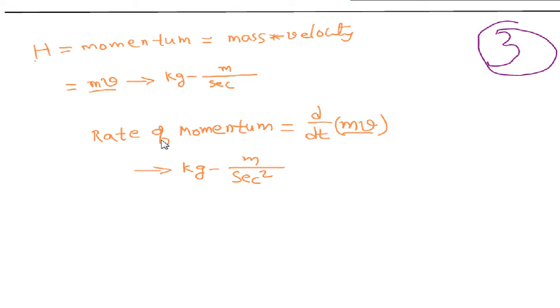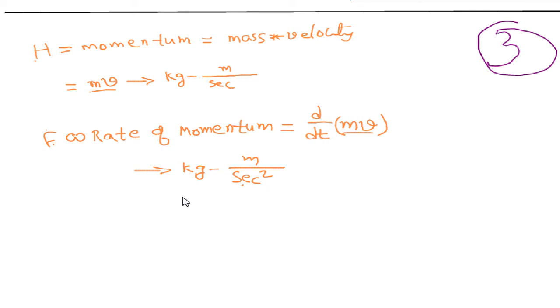This rate of momentum is an important quantity in dynamics. It's important because according to Newton's laws, it is proportional to the external force acting on it. In fact, we may use this definition to define what a force is, and hence force has units kg meters per second square.